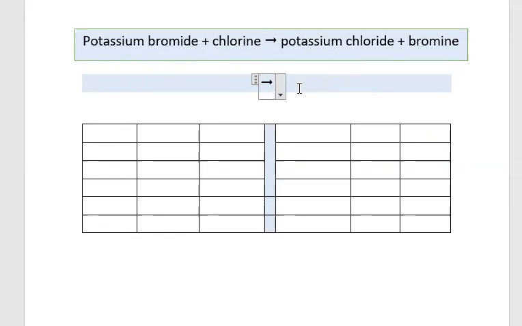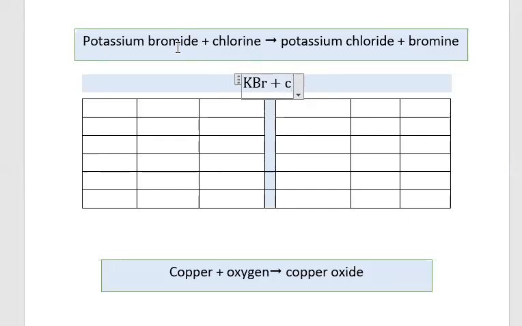Remember, potassium is not P. Phosphorus is P. Potassium is K, and bromide is Br. I see some of you are writing just B. You need to separate KBr and put chlorine on its own, because can you see how chlorine is separated by the plus sign? Do not forget the plus sign in the middle. And chlorine is written as Cl.